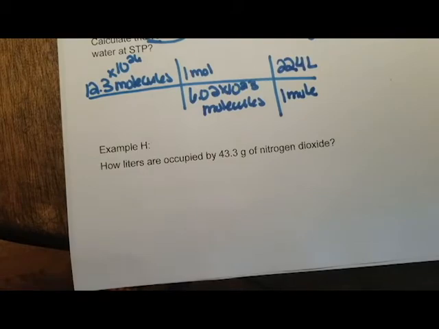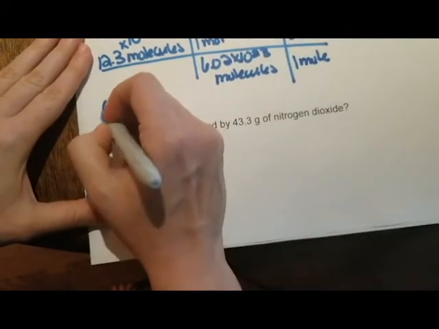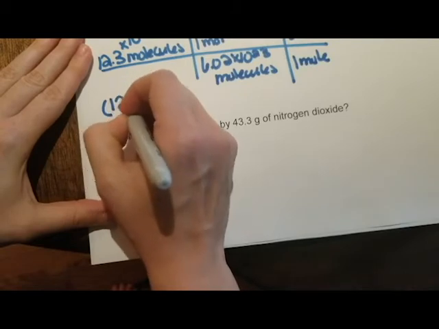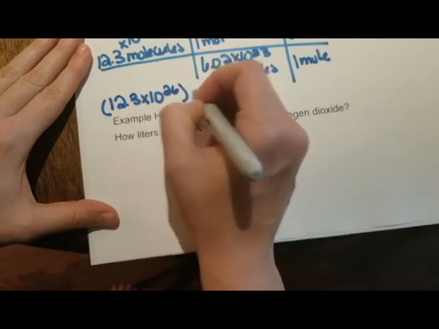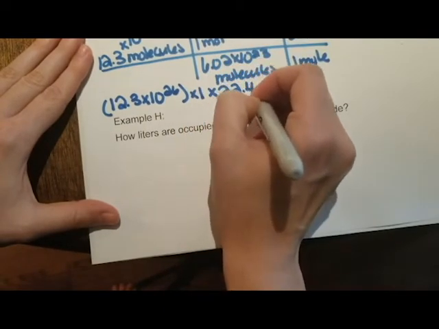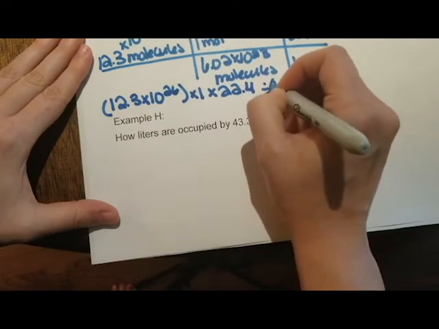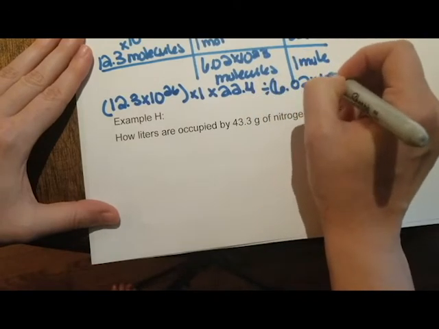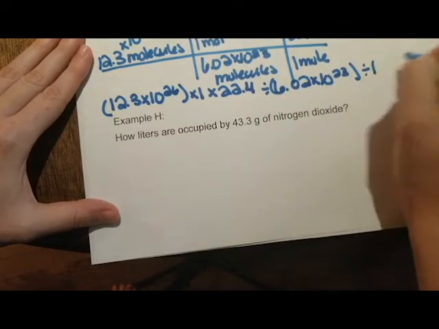Whenever I plug this into my calculator, remember I'm always going to put parentheses around my scientific notation. 12.3 times 10 to the 26th times 1 times 22.4, and then divide by everything on the bottom. Divided by 6.02 times 10 to the 23rd, again, keep that in parentheses, divided by 1.